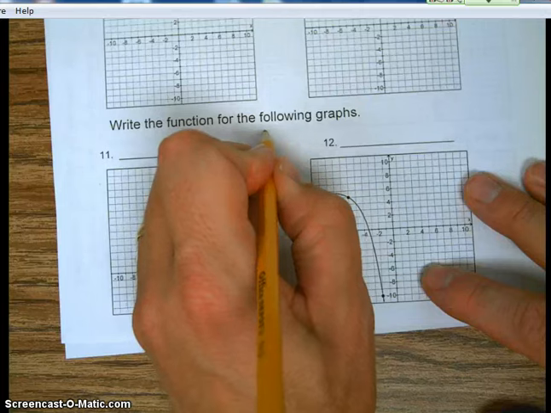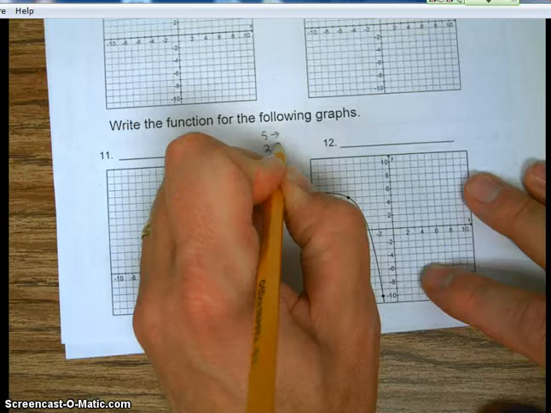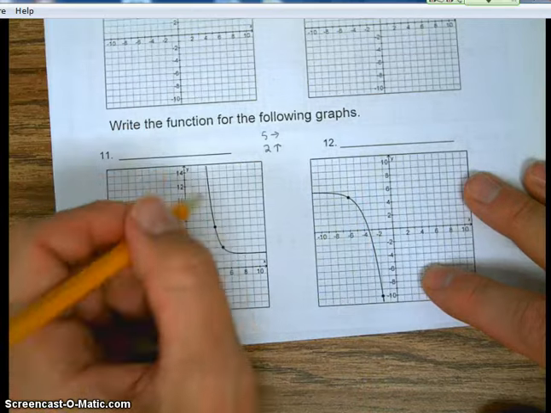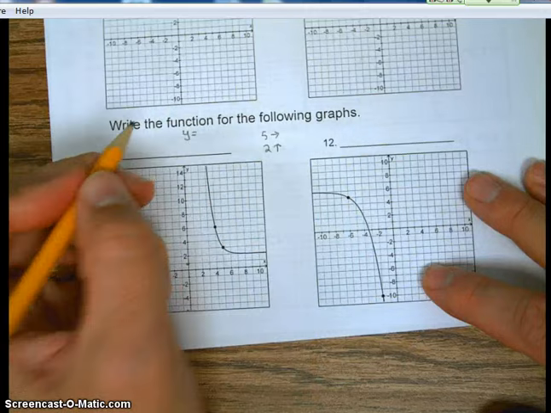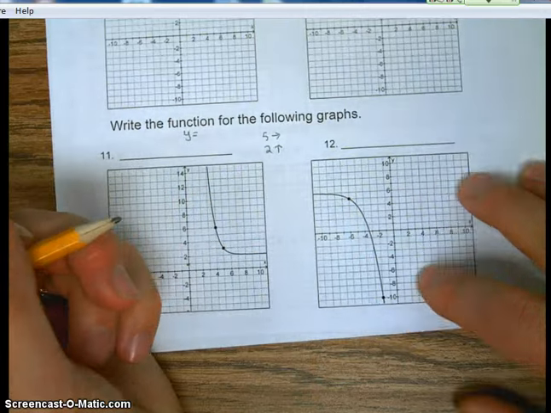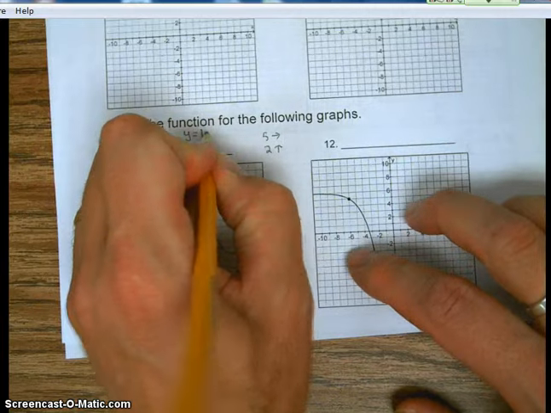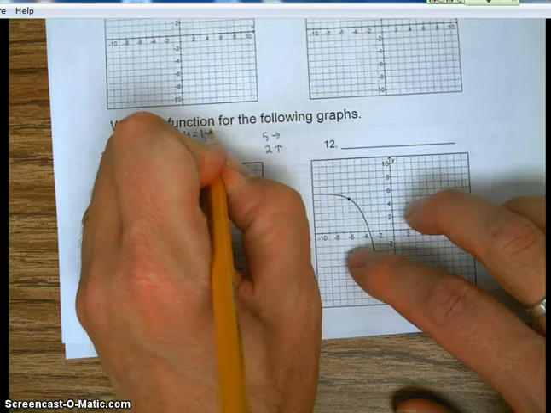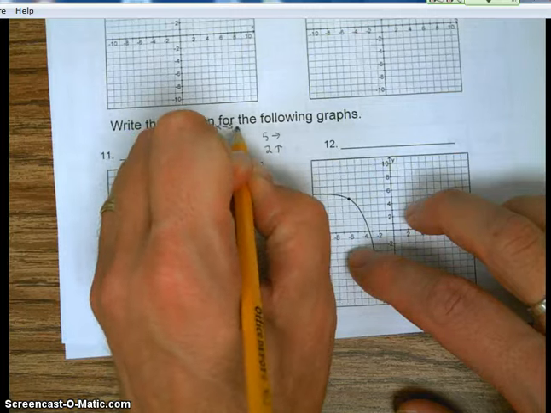So 5 right and 2 units up. So if I plug that in, we're going to have y equals, okay, we're assuming our a value is going to be 1 times our base to the x minus 5, plus 2.